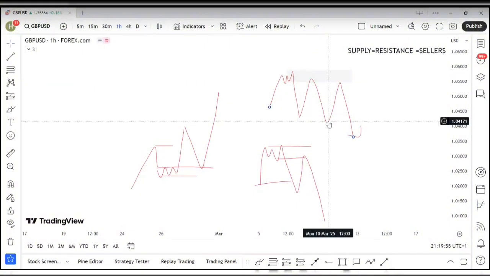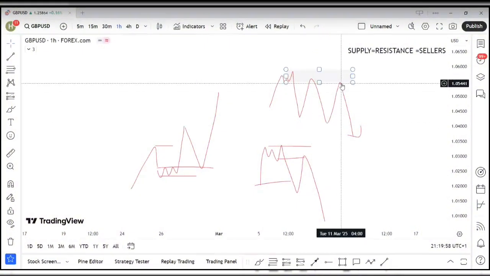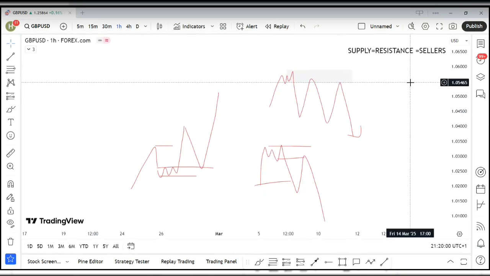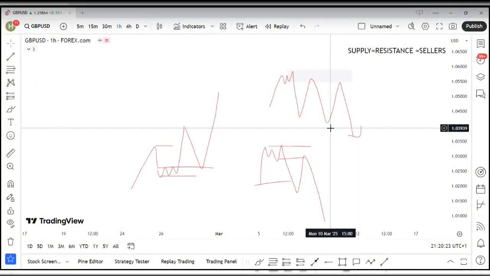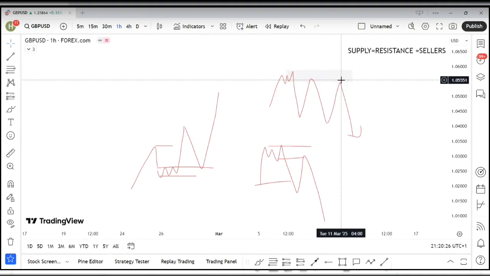We take our entry and wait for price to tap that supply zone. We call it resistance because it's a strong zone where sellers maintain their positions. So price pulls back and respects that zone, and it's a resistance that may push price to reverse from there.